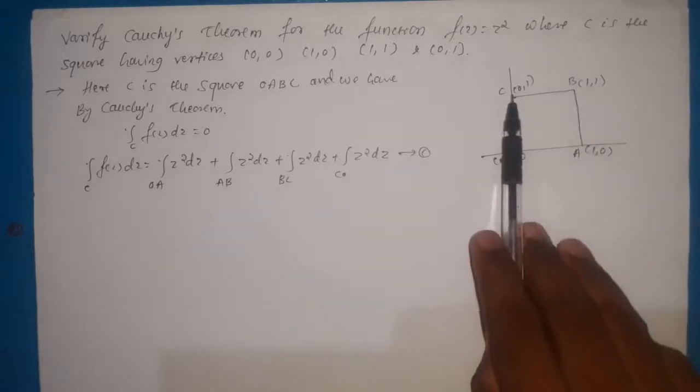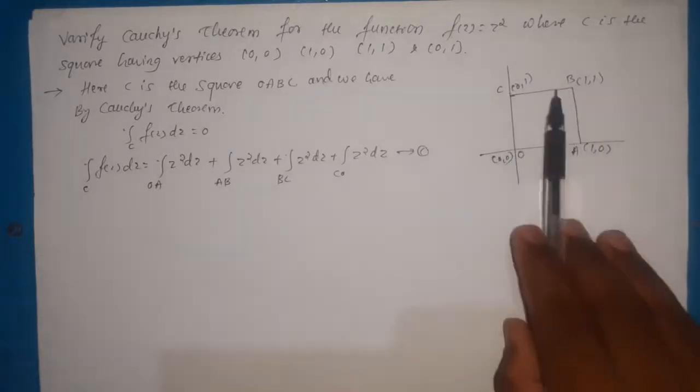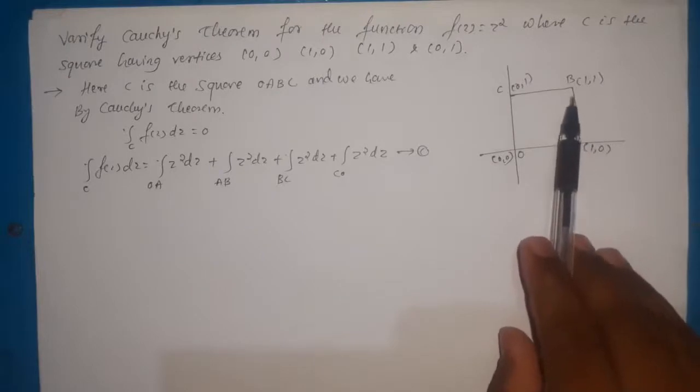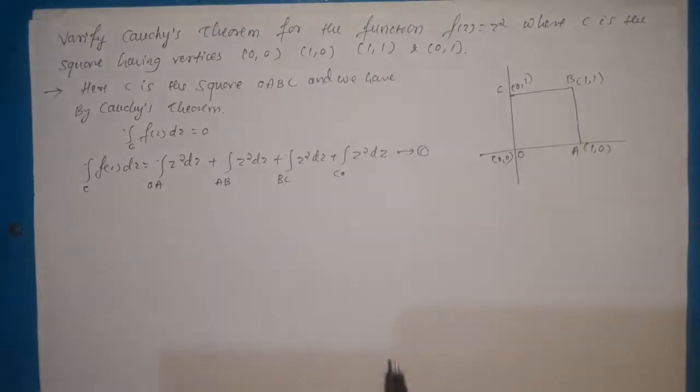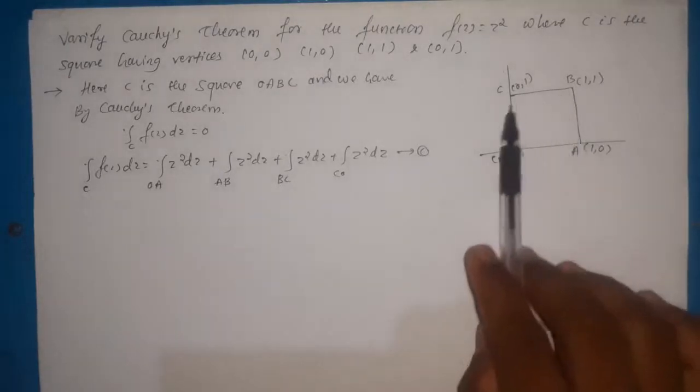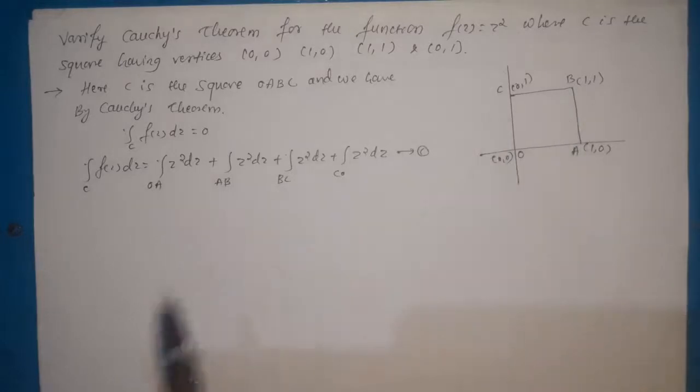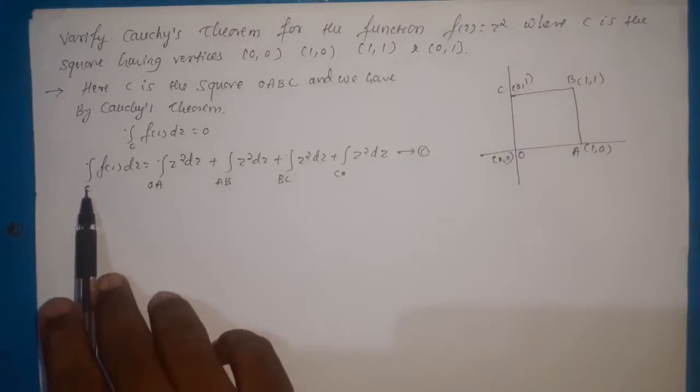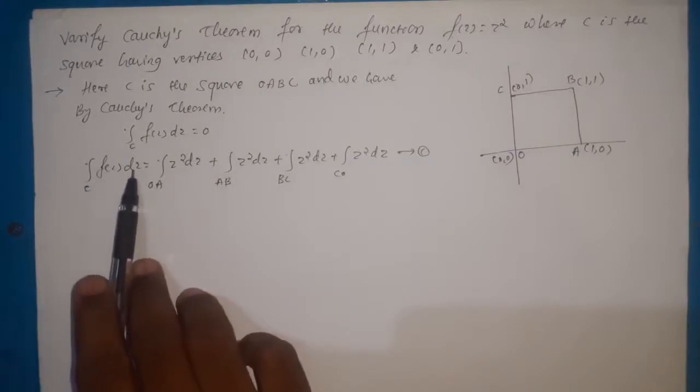OABC, right? So this is the closed curve C. So now the integral with respect to this curve C is equal to 0. So now here integration over C f of z dz.